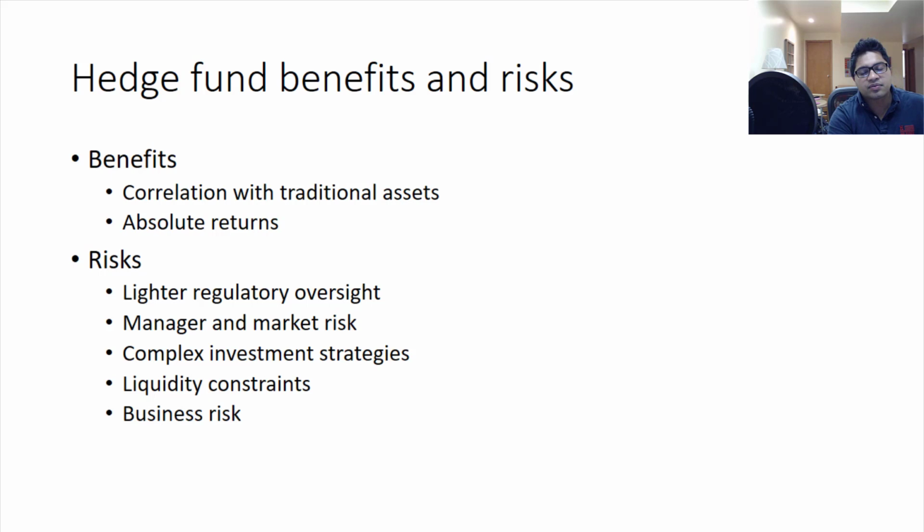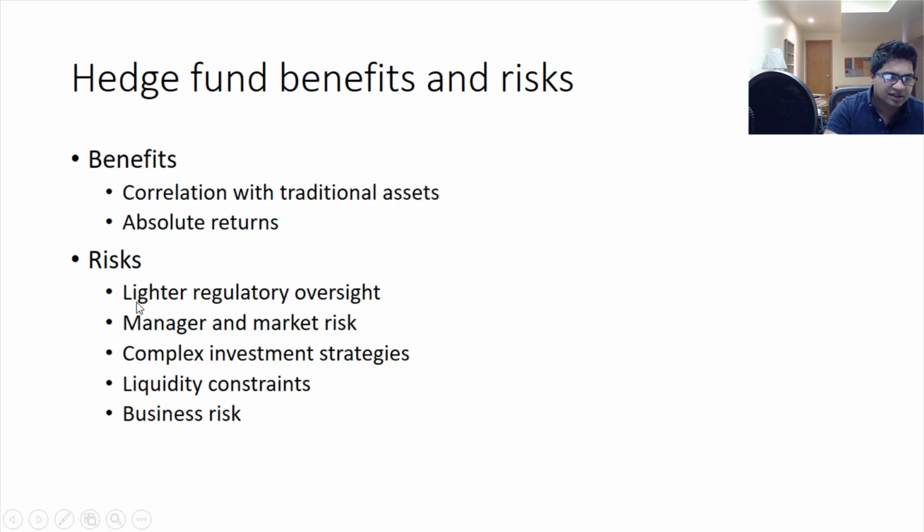So irrespective of what the benchmark does or irrespective of what the market does, a hedge fund will have the objective of getting, let's say, 4% return per year, right? Minimum. So irrespective of market going up, down or sideways, the hedge fund has to attain that objective. So the objective of a hedge fund is absolute returns irrespective of market conditions.